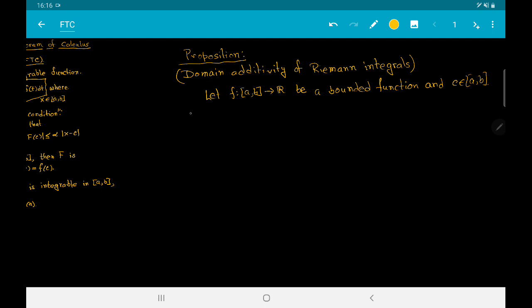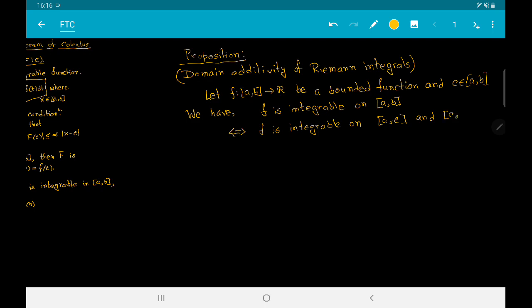What do we have? Let me make it a formal statement. We have f is integrable on [a,b] if and only if f is integrable on [a,c] and f is integrable on [c,b].